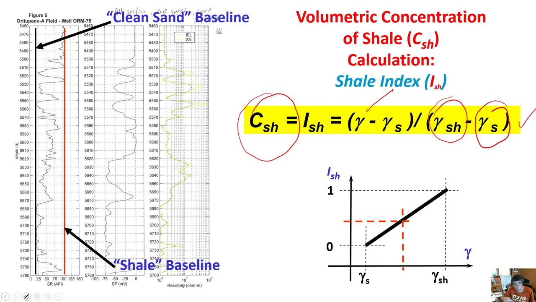That's what this diagram on the left shows. Essentially it says: find the clean sandstone, measure the gamma ray log in the clean sandstone. How do we know that it's a clean sandstone?